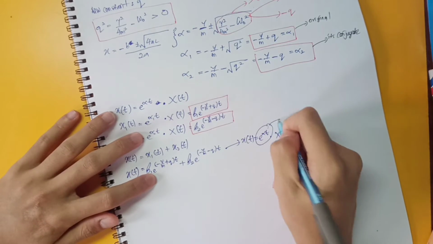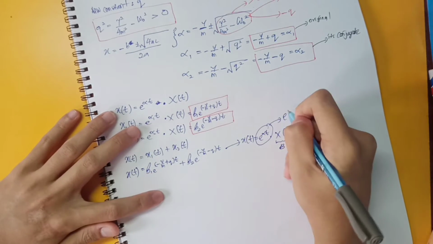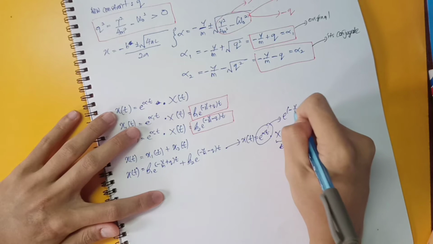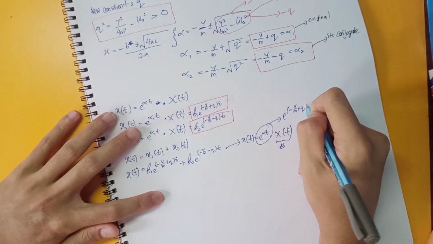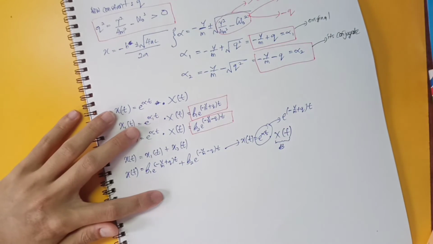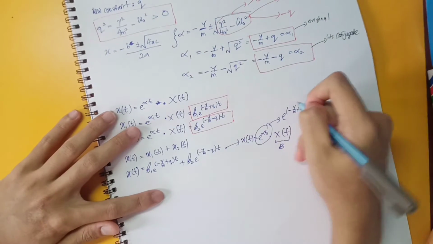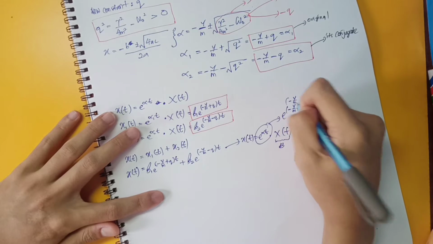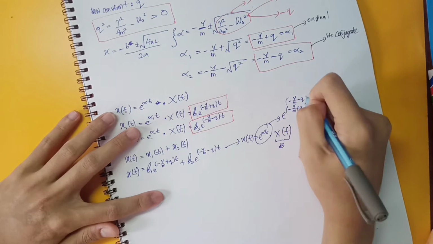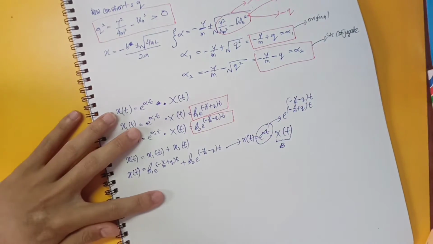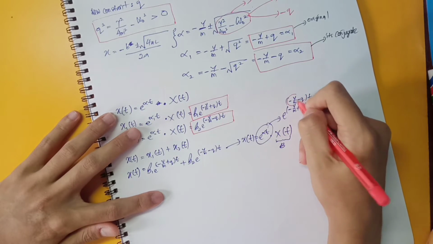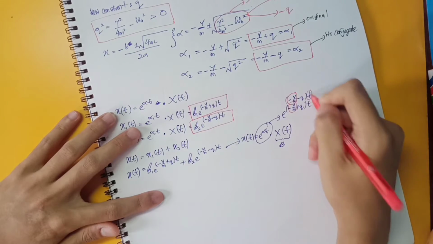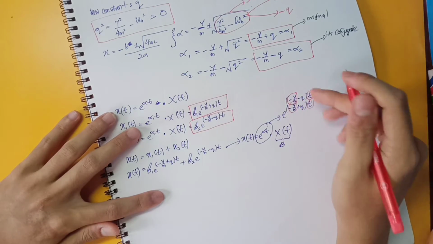This one is the same as exponential power of negative gamma over m plus q t here, or maybe negative gamma over m negative q times with t. From here we just factorize this one here, and this one we put aside.